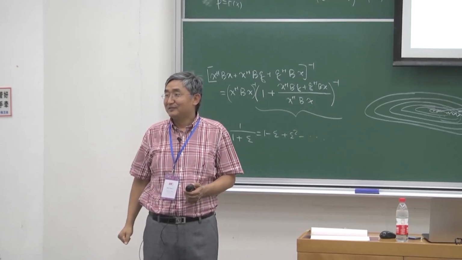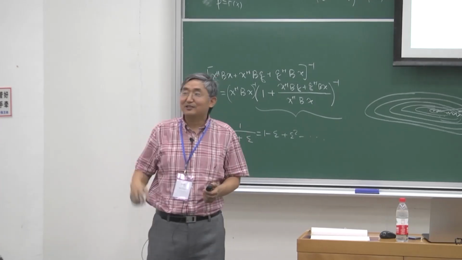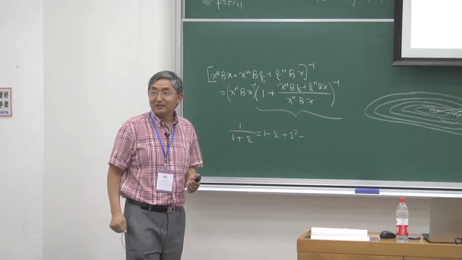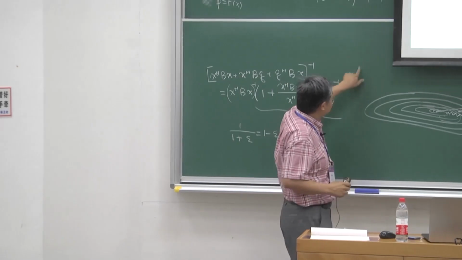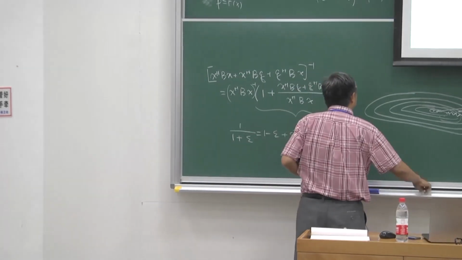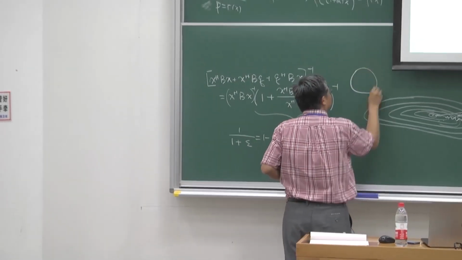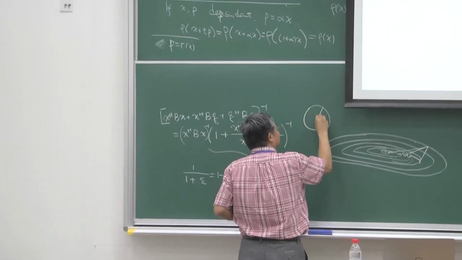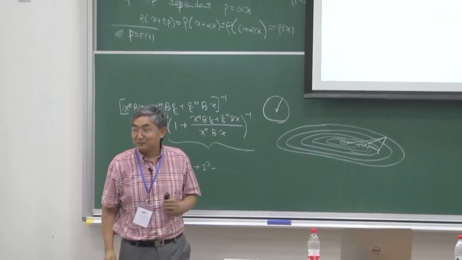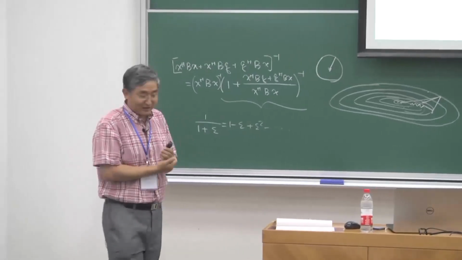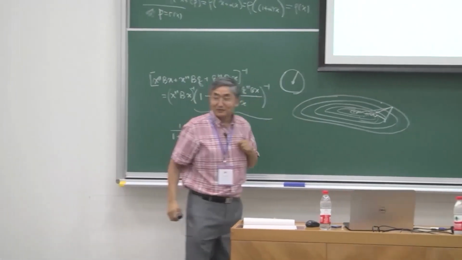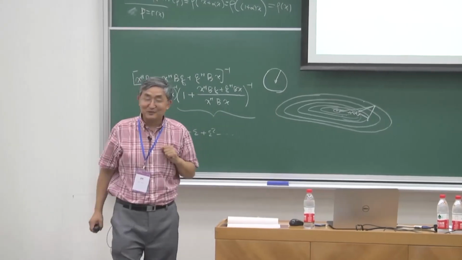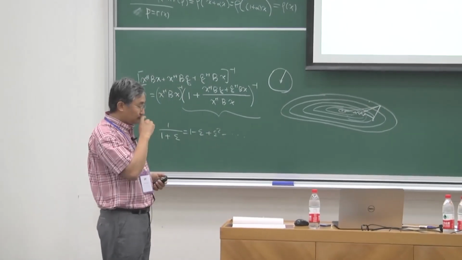It converges in one step. If the contour is a sphere, no matter where you start you go to the center in one step, right? That's ideal. But those are two extreme cases. Normally you don't have that.